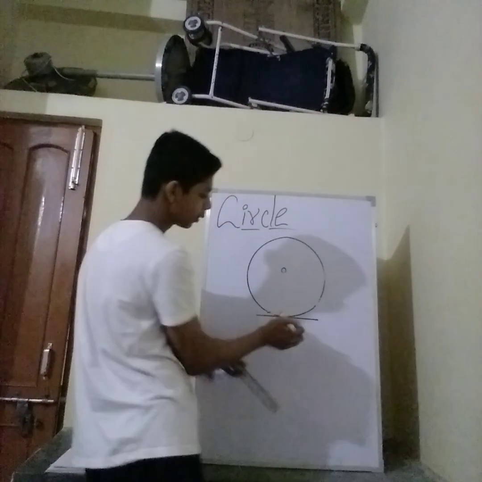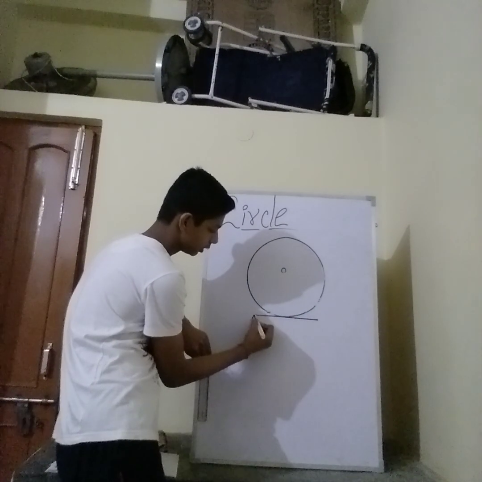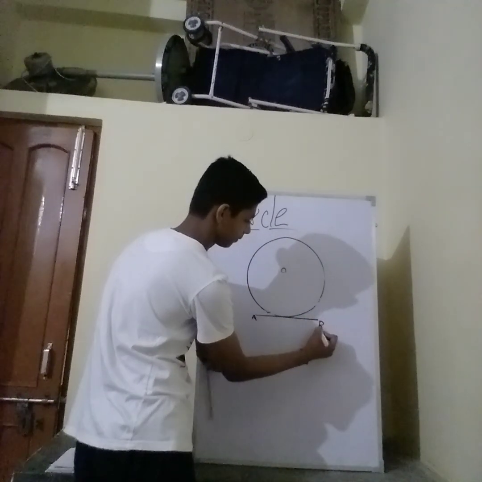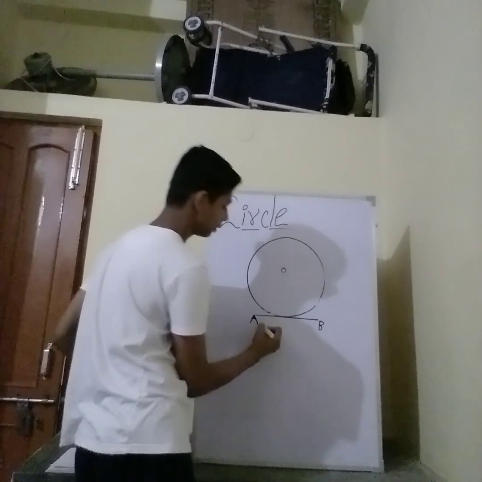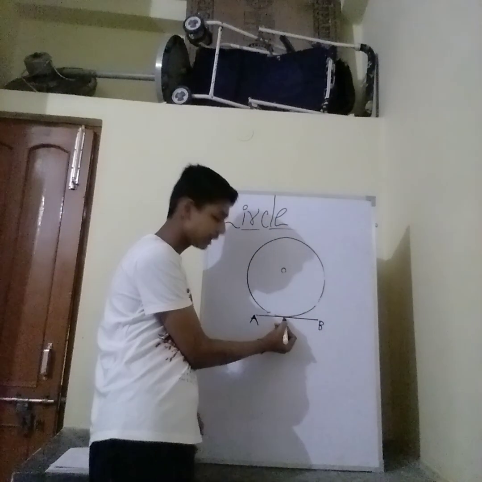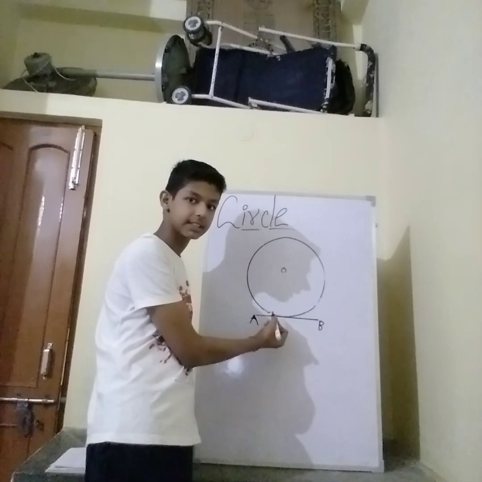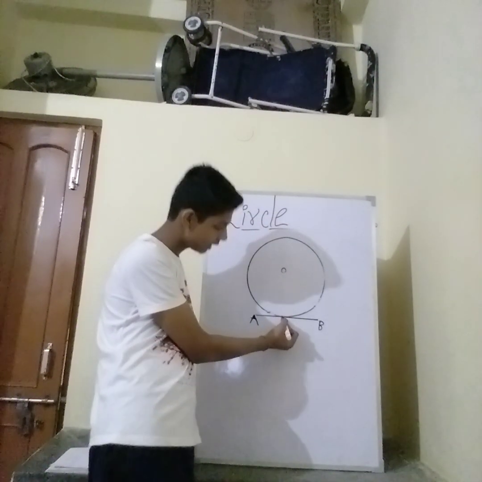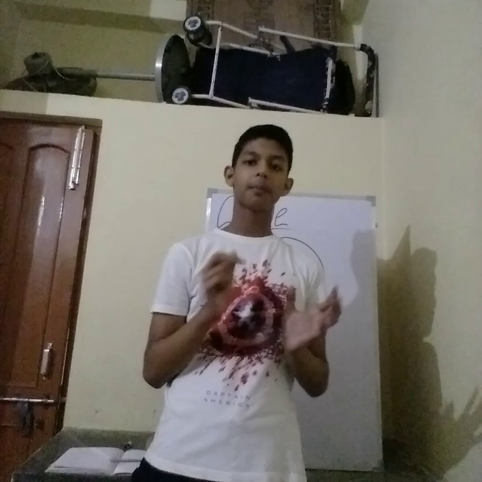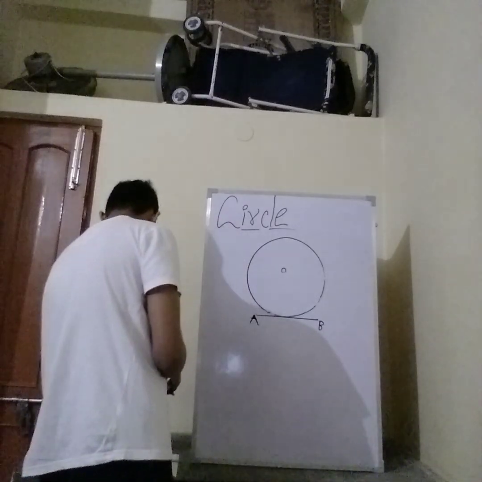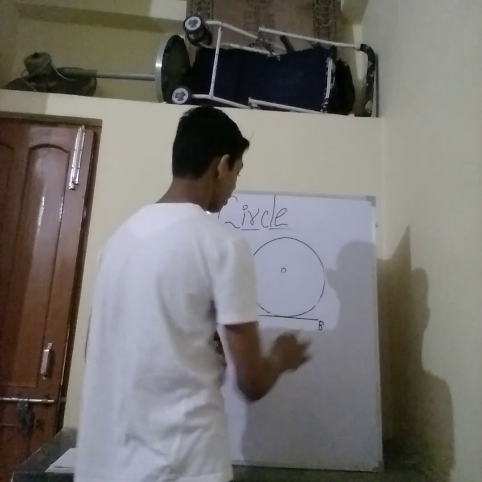Suppose it is touching only one point here, then it will be a tangent, and the point at which this line touches is called the point of contact.